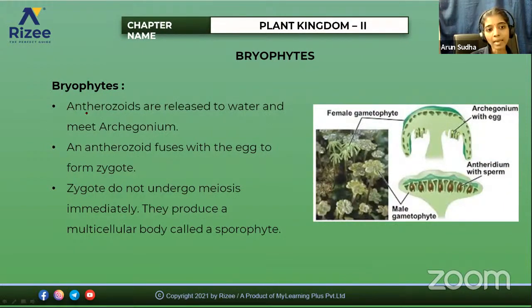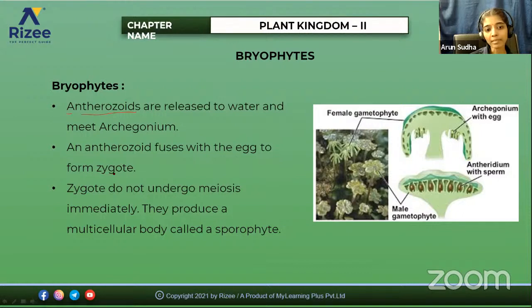These antherozoids are released into water and they meet the Archegonium. Where are they produced from? These antherozoids are produced from the Antheridium. The Antheridium dehisces and forms antherozoids, and they are released into water. These antherozoids meet the Archegonium, which is the female sex organ. An antherozoid fuses with the egg to form a zygote.